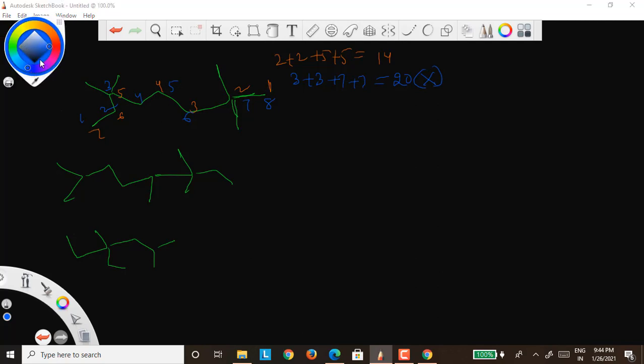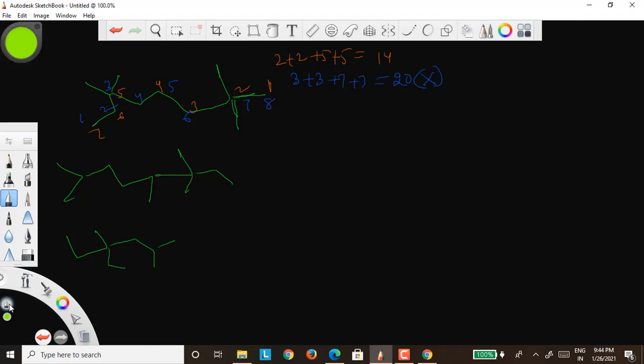So red color is correct. If red color is correct, then let us clean the blue color.